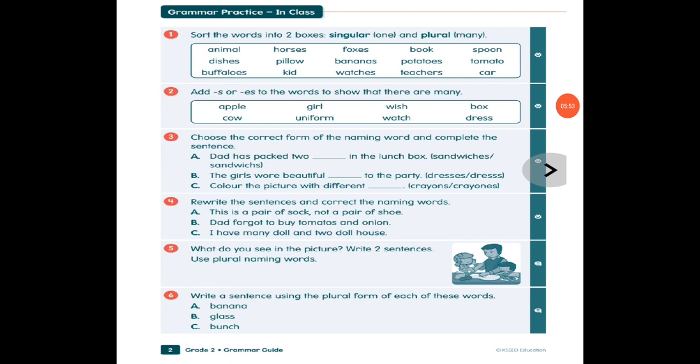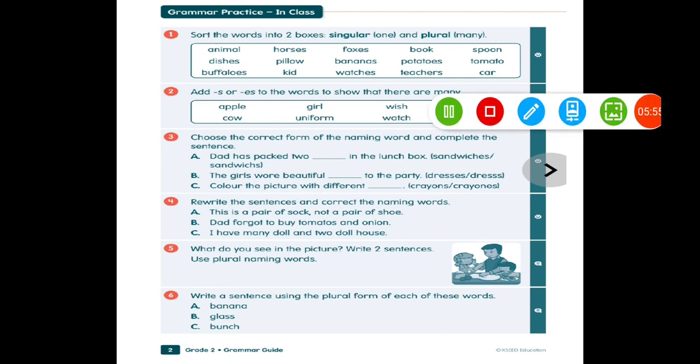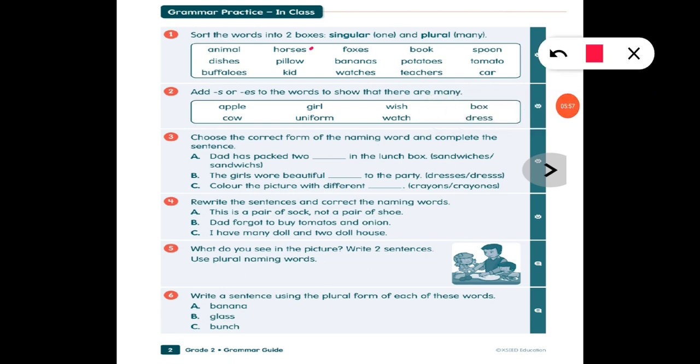Animal, singular. Horses, plural. Foxes, plural. Book, singular. Spoon, singular. Dishes, plural. Pillow, singular. Bananas, plural. Potatoes, plural. Tomato, singular. Buffaloes, plural.